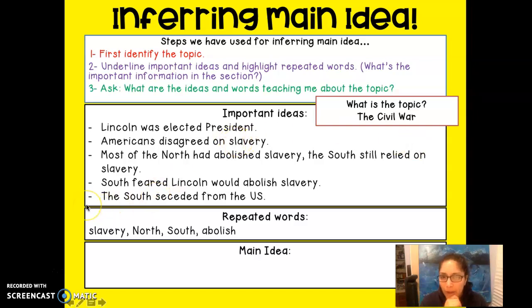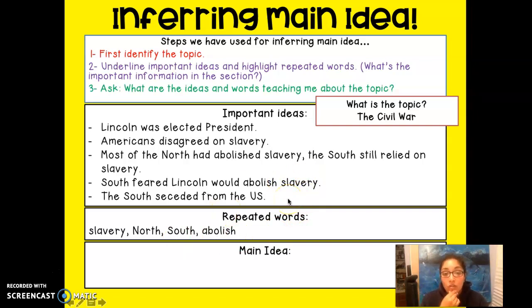Okay, let's see if you came up with the same main idea as I did. I can see north and south a lot, right? That's how I know it was a repeated word. So the North and the South disagreed on slavery.